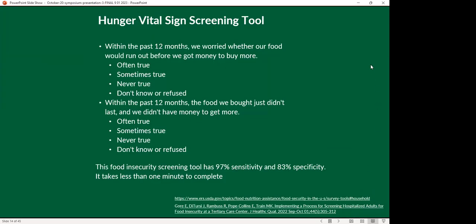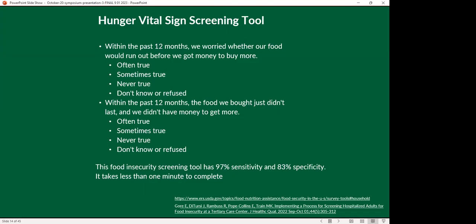If you have not seen this before, this is a good tool to include in your assessment, whether you work in an outpatient clinic, inpatient clinic, or in a community program. This is the Hunger Vital Signs Screening Tool. This can help you assess whether a patient or the family has food insecurity.